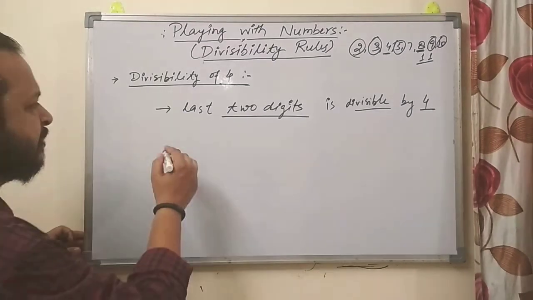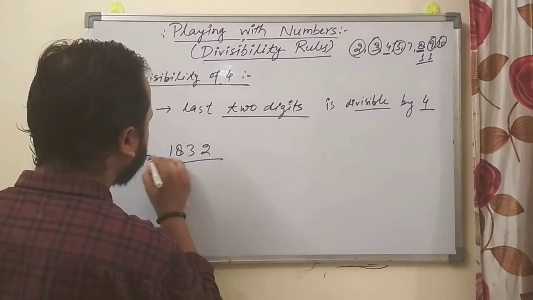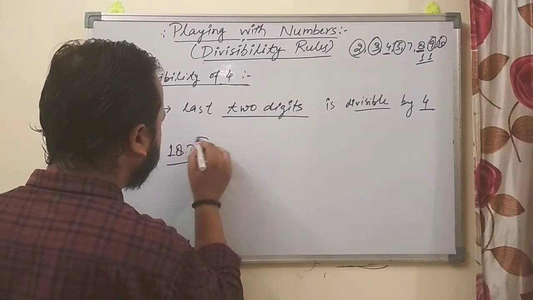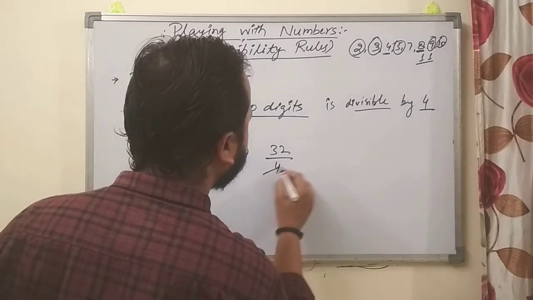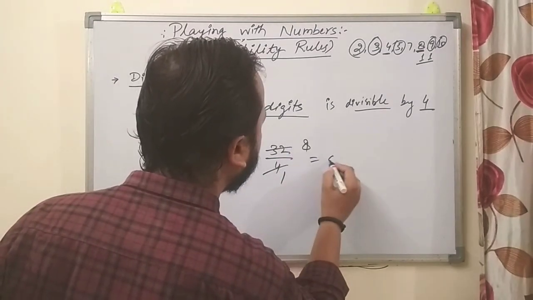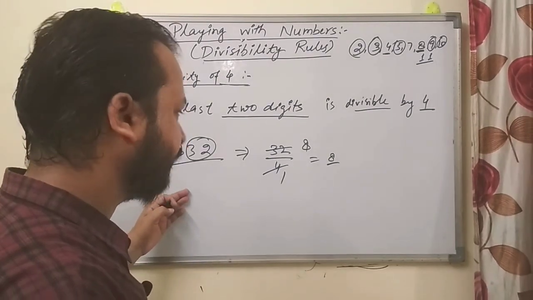Let's take an example. Suppose the number is 1832. The last two digits are 32. That is divisible by 4: 4 times 8 is 32. It means this number is divisible by 4.